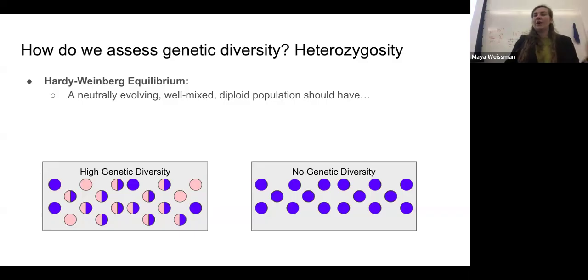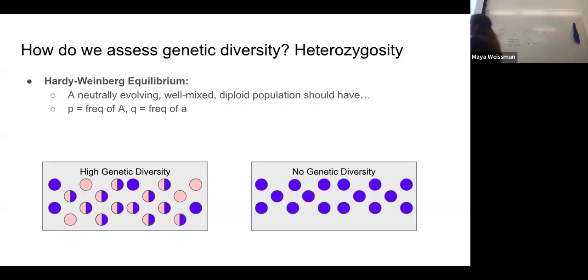A neutrally evolving, well-mixed diploid population should have, all right, so we're going to say that P is the frequency of the big A allele, the blue, and Q is the frequency of the little a allele, the pink. If you were to take the whole population and count all of these up, in this particular case, P is equal to 1 and Q is equal to 0.